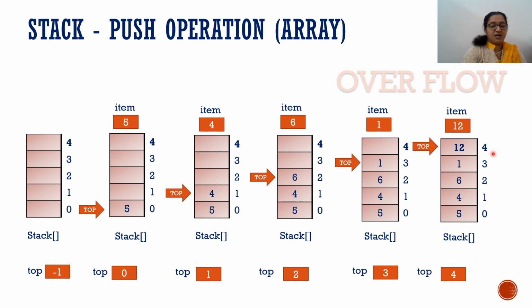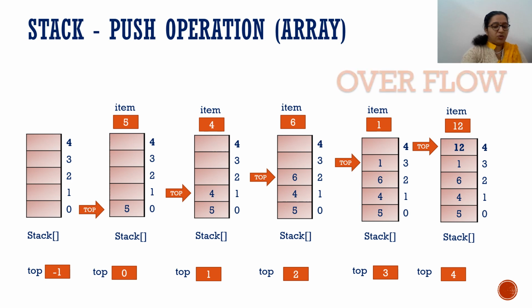So at that time we'll get an overflow message. This is the protocol of the push operation. So top is controlling the array. If the top reaches the highest subscript, at the next insertion we'll get an overflow message. Got it? So this is the working of the push operation.